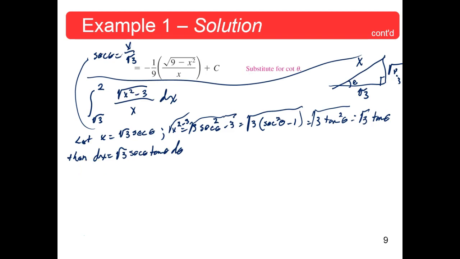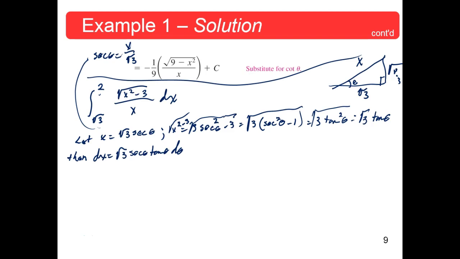We've changed our variable. Do we need to change our limits? Yeah, I'm afraid so. These are values for x's, remember. When your x is root 3, what would your secant have to be? If x was root 3, secant would have to be 1, right? Secant theta is 1.